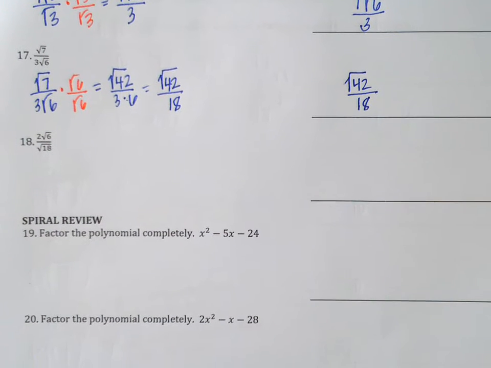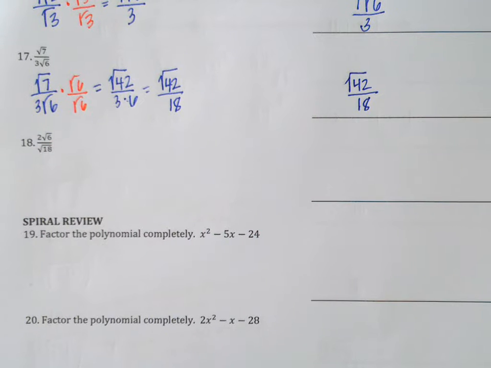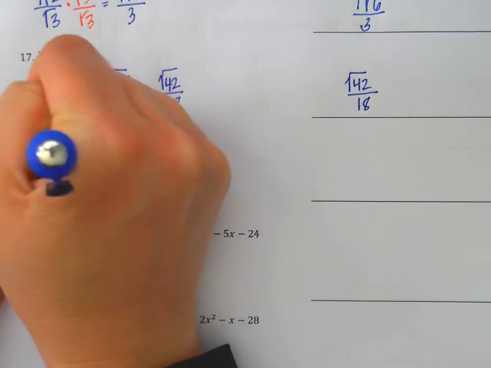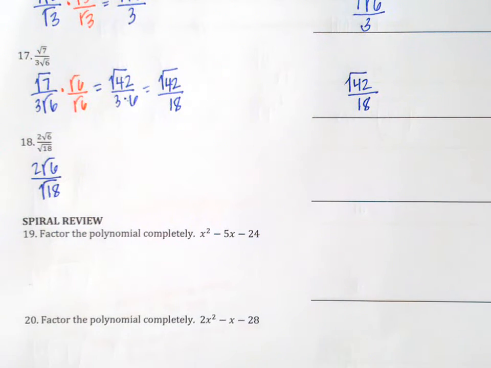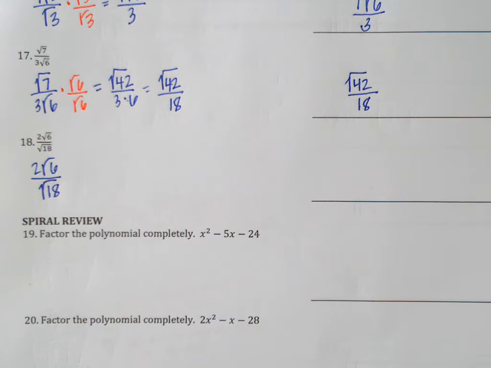Okay, now on number 18, there are actually a few different ways that we can do it, and I'll show you both ways. So first way is how I would do it. First, I would recognize that the rad 6 and the rad 18 can actually be simplified. Rad 6 and rad 18, they're both inside the square root, so we can simplify those further.